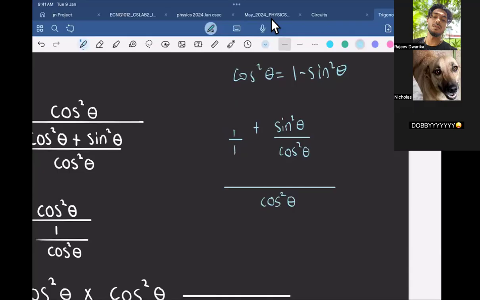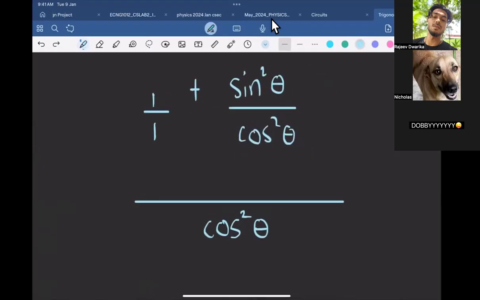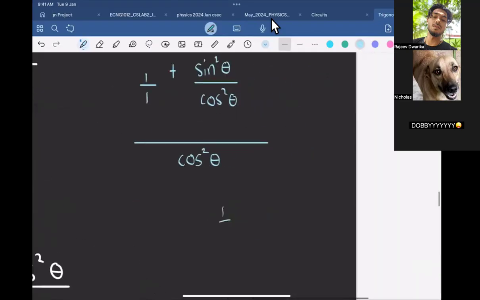So you just put in the 1 plus the sine square theta. No. Look at it, right? Imagine you had 1 over 1 plus a half. My LCM is 2, right? 1 into 2 is 2.